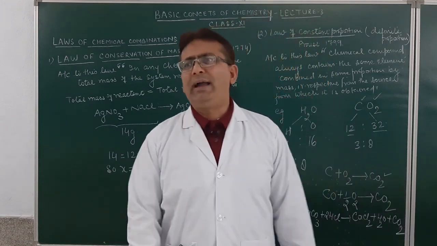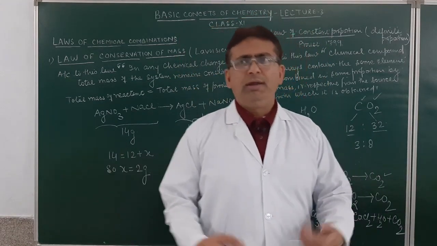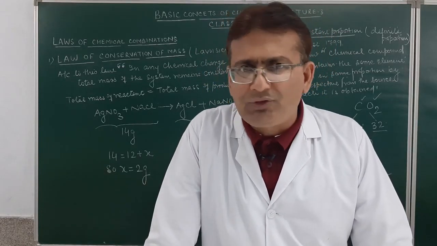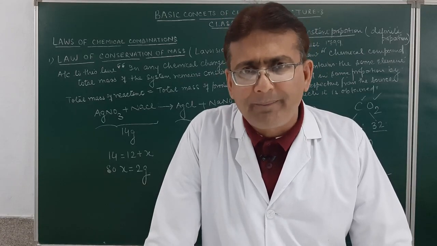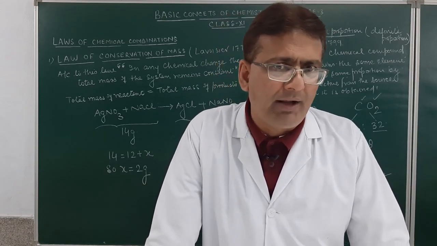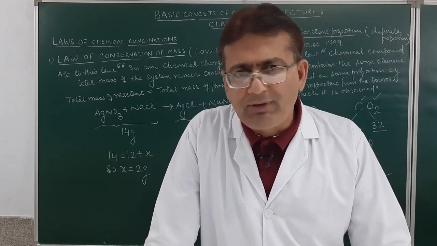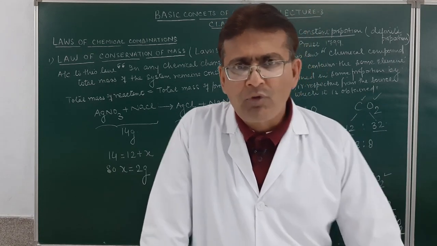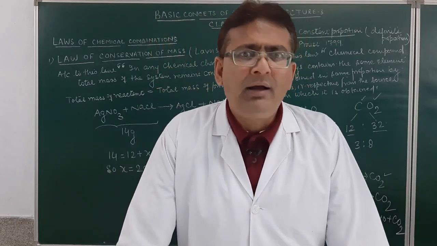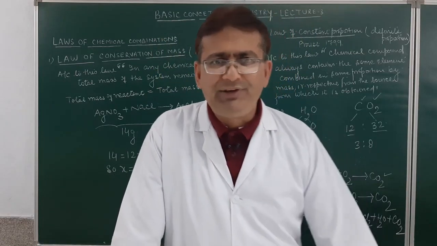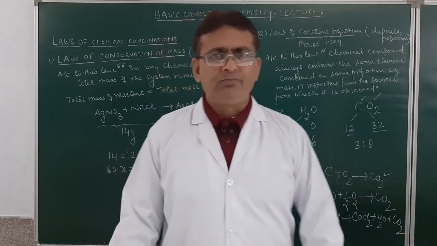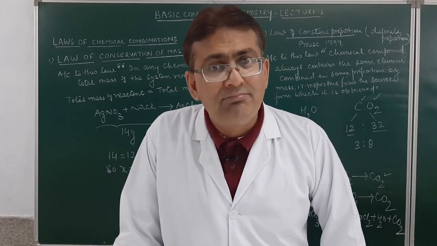Yes. Why are we studying the laws of chemical combination? In some way or other, I will be illustrating the points I have discussed or will be discussing with you in chemistry. One is the law of conservation of mass. We will be using this concept again and again, and that gives: total mass of reactants will be equal to total mass of products. And by the law of constant proportion, I have been able to illustrate the definition of a compound, which says that a compound is a pure substance containing two or more elements united chemically in a definite proportion by mass.